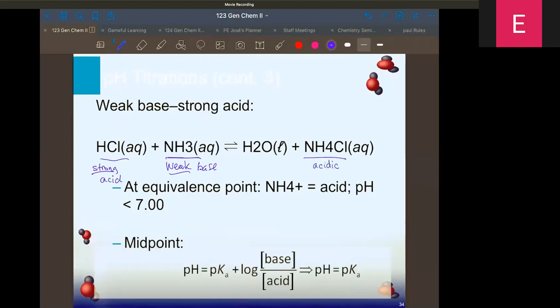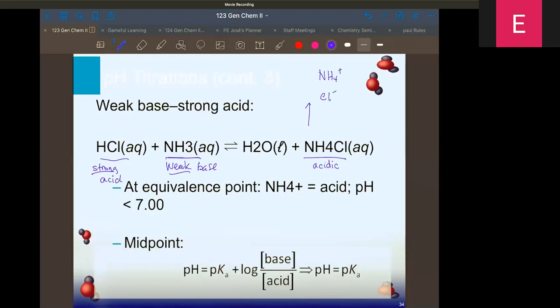It's not going to be a strong acid, it's just going to be acidic. Which is going to be the acidic species? Again, acid-base properties of salt. You have NH4 plus ions and Cl minus ions.